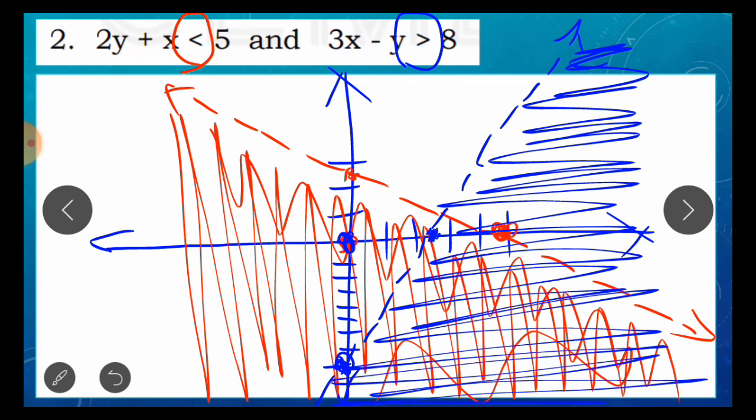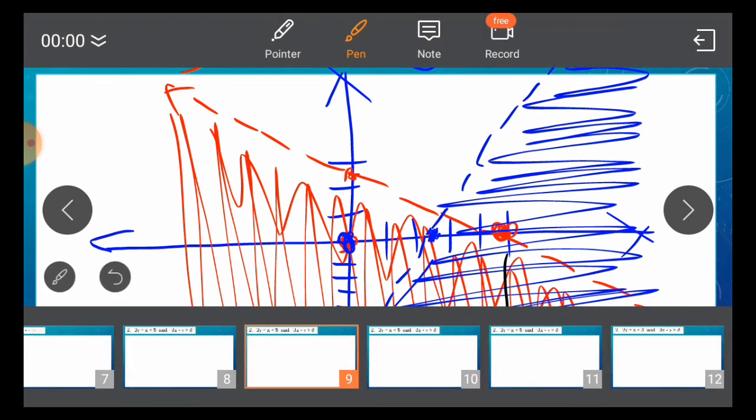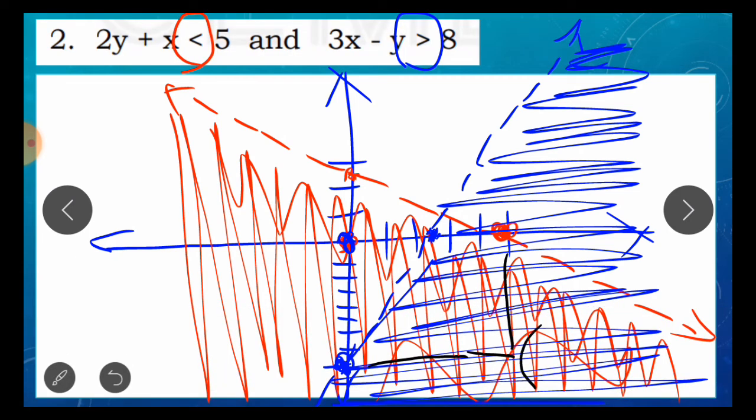Okay, so now let's get 3 points. So just remember that this is negative 8. So let's try this one and this one. This is 1, 2, 3, 4, 5. Positive 5 of x and negative 8 of y.